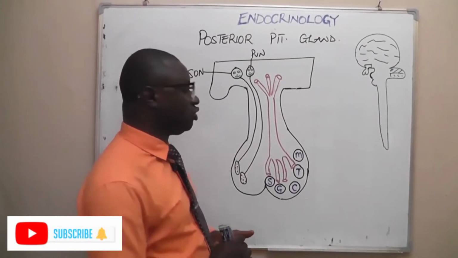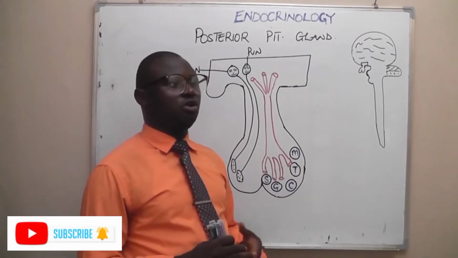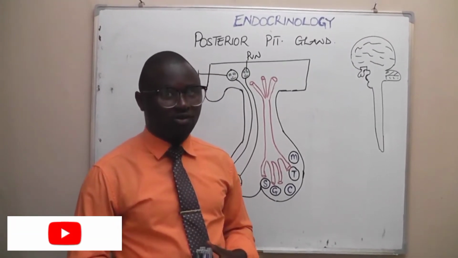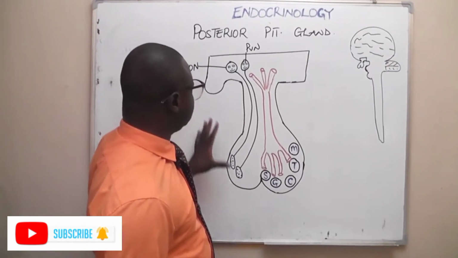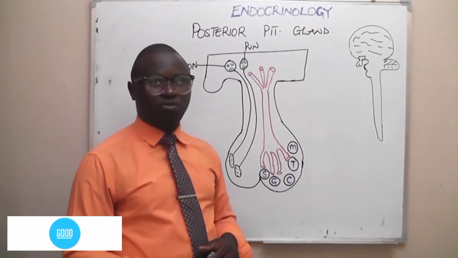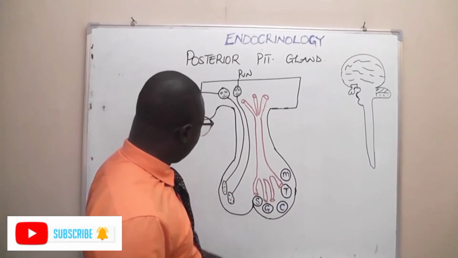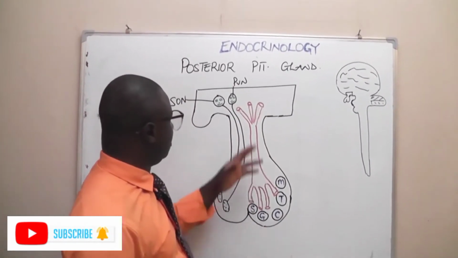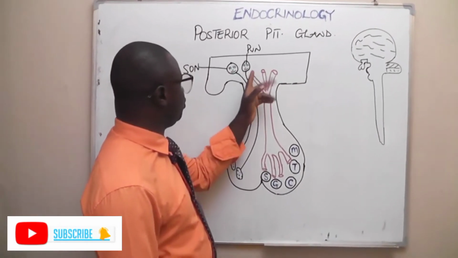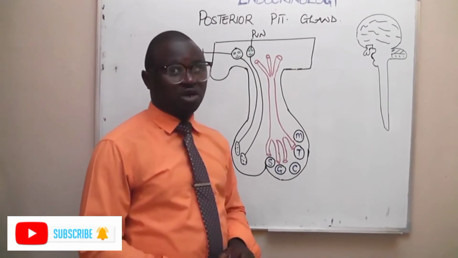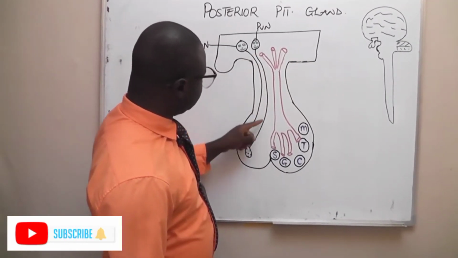We also say that they have a vasoconstrictive function, that is, they help to constrict blood vessels. Okay, so those are what stimulate the release of ADH from the posterior lobe. And then we also talk about oxytocin, which is produced by the paraventricular nuclei in the hypothalamus, and then passed on through this tract.